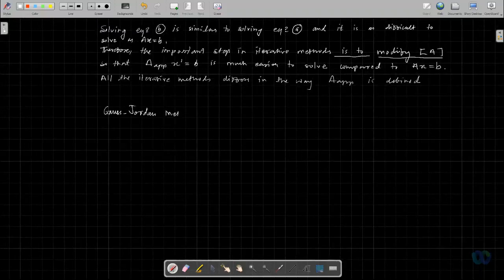in case of the Gauss-Jordan method, A approximation will be equal to A11, A22, A33, up to ANN, and all other values will be 0.